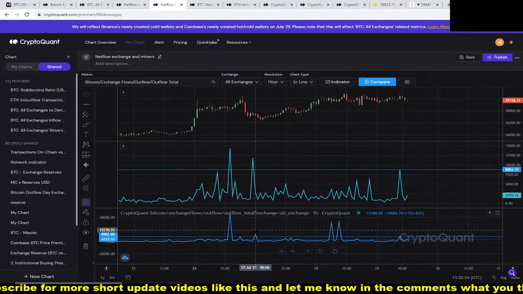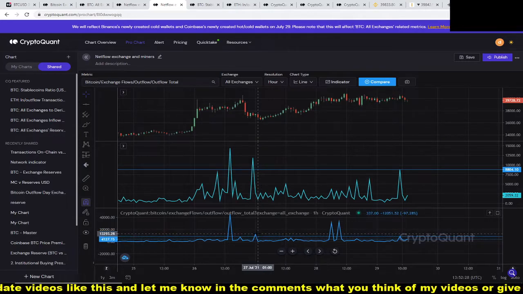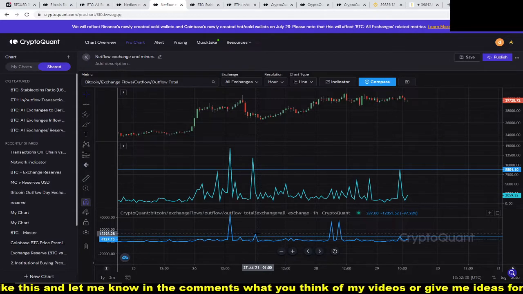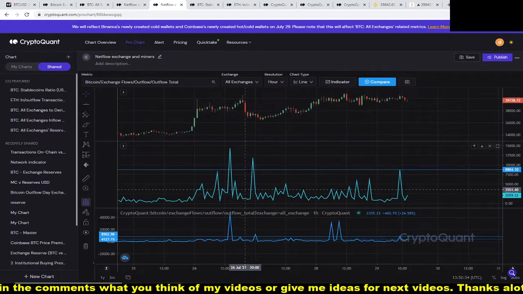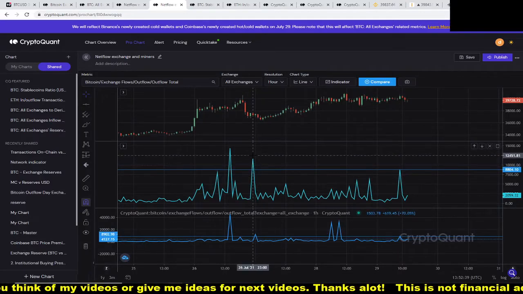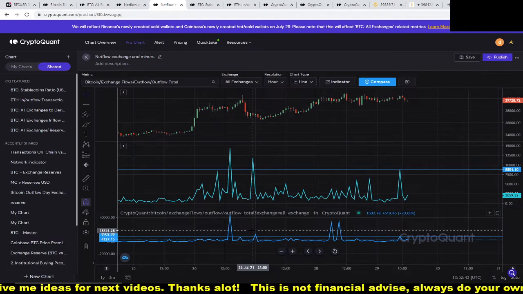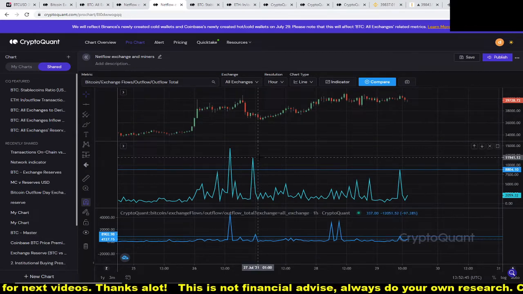If you check the outflow, see the spike here, then you can see that about 13,000 Bitcoin was taken off of exchanges. So they deposit and then withdraw them again without selling them. This is the way you can see what the whales are doing with their Bitcoins.